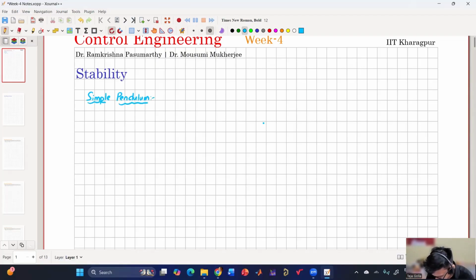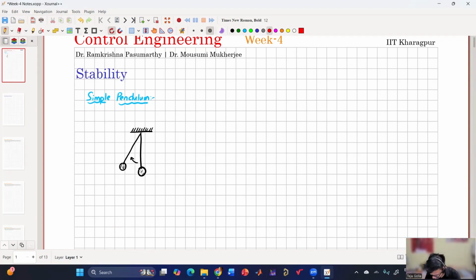In the first case, I have a string and then I have a ball. Imagine I have taken the ball here, and then I have left the ball at that position.